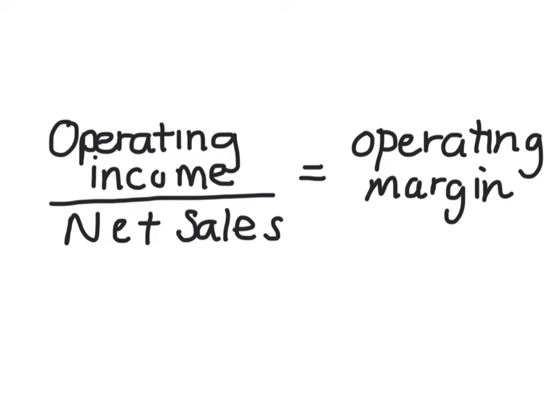It's expressed as a percentage, and what it looks at is how efficiently a company runs its core business. Here you can think of operating income as the profit that a company has after it takes out all of the expenses that it incurred for operating. So this could be something like wages that you pay out.